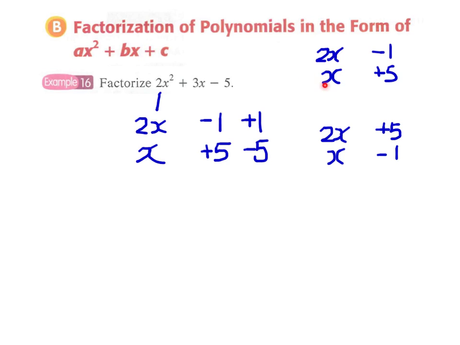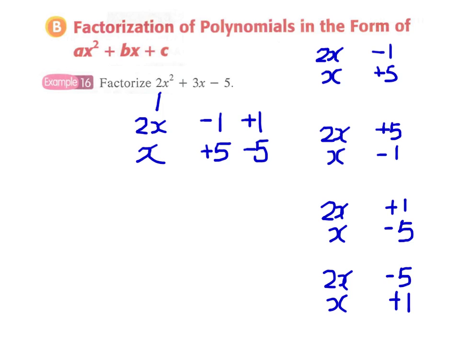And now we can see that the first group is different from the second group, because if we cross multiply it, the resulting middle term will be different. And there will be a third group and a fourth group too, because we have plus 1 times minus 5, and then finally we interchange minus 5 and plus 1 to give the fourth group.